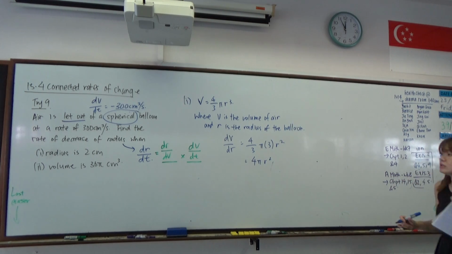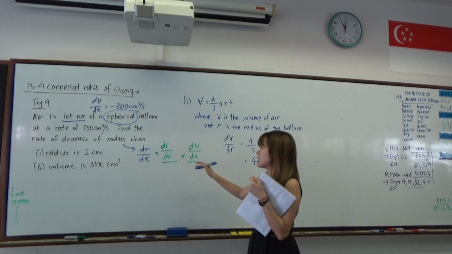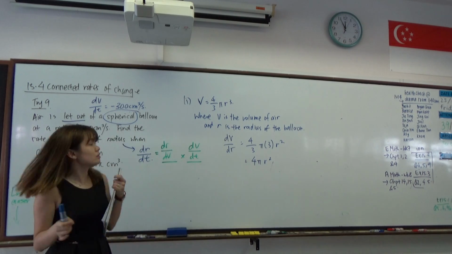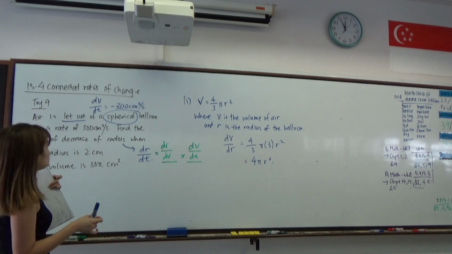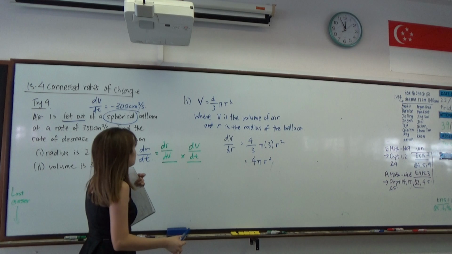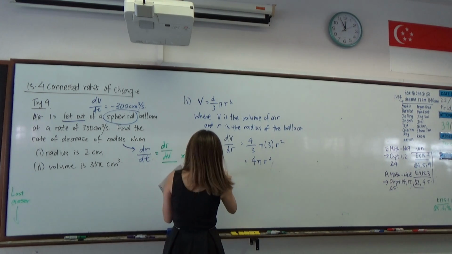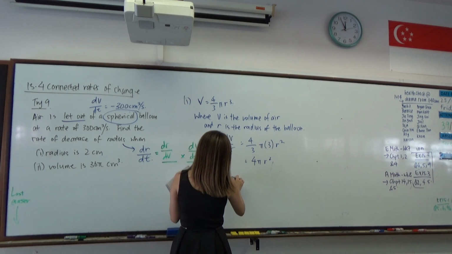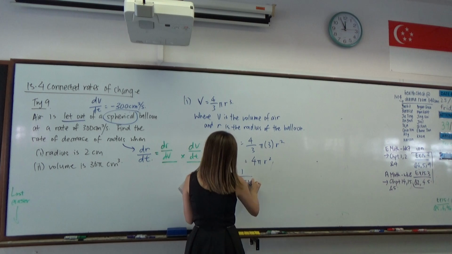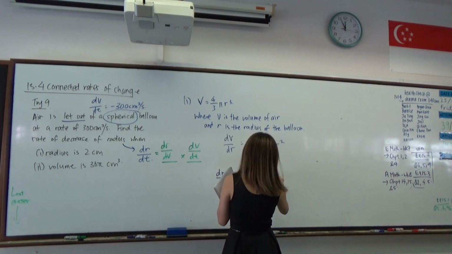So now we need dv over dt, which the question has given us as negative 300. Therefore dr over dt will be 1 over 4 pi r squared times negative 300.